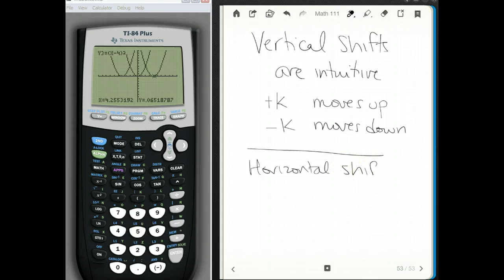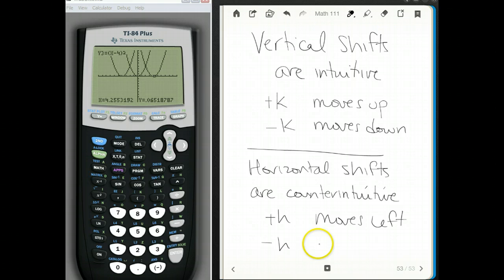Remember, these are the ones that act directly on the x before any other operations get to have it. When you do a plus h, that doesn't move right where your intuition says. These are counterintuitive, they're opposite what you think should happen. So when you add h, it doesn't move right, it moves left. And when you subtract h, instead of moving it left, which you would think would happen, it moves it right.